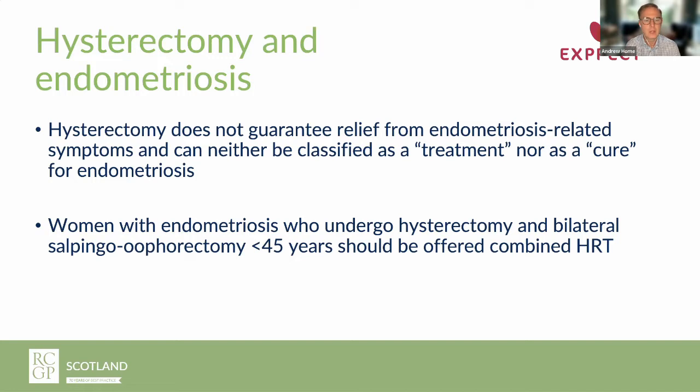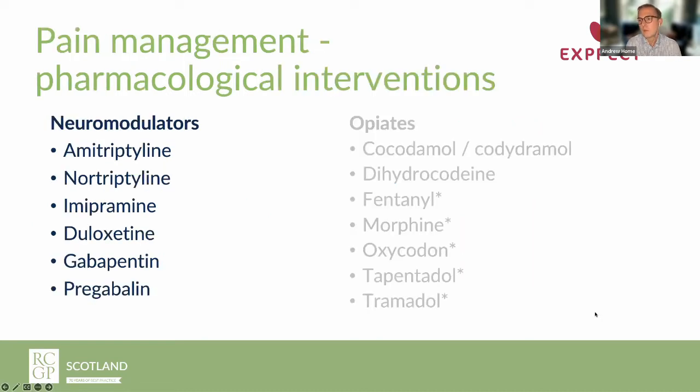And then of course if they have a hysterectomy and removal of both of the ovaries and are put into a premature iatrogenic menopause, then they should be offered combined HRT until the natural age of the menopause. And that of course carries problems in that sometimes that HRT then continues to stimulate the disease and give them symptoms.